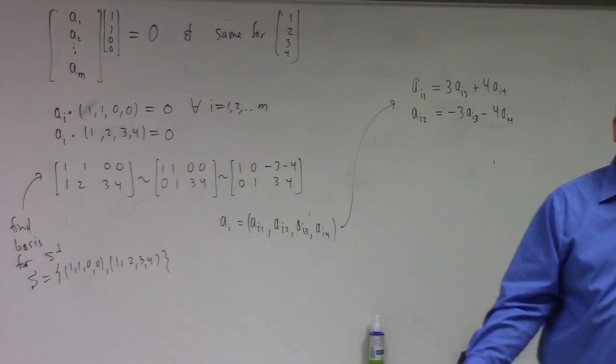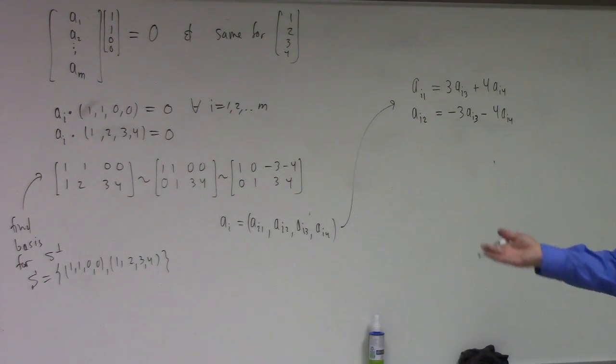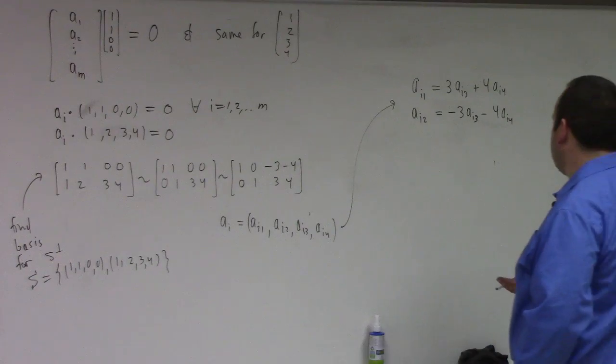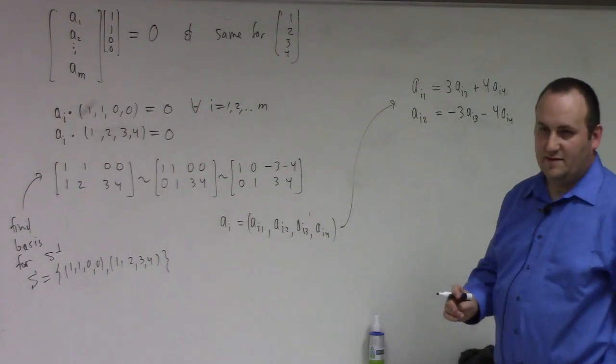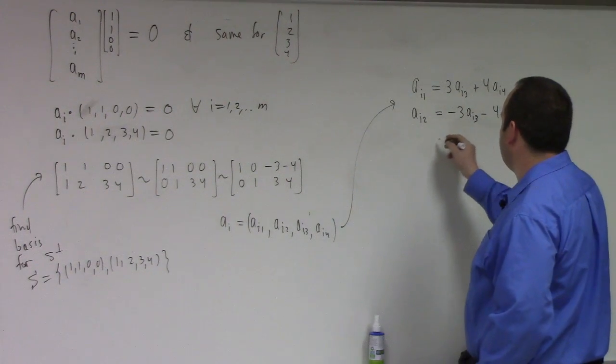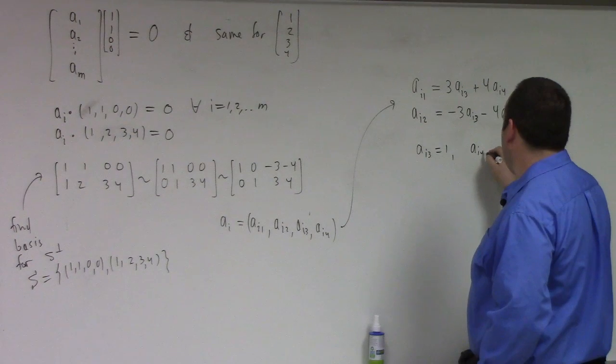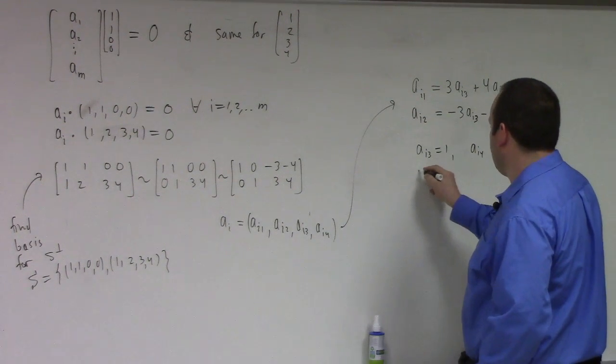There are infinitely many systems which take those as solutions. You pick any ones you want. How about we try a non-trivial example? Let's try Ai3 equals 1, Ai4 equals 1. What does that give us?